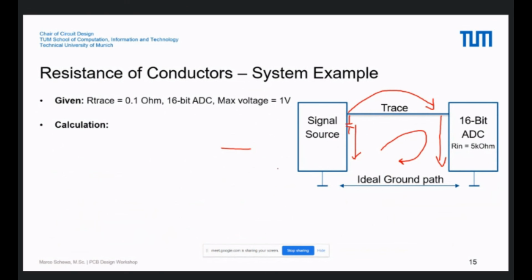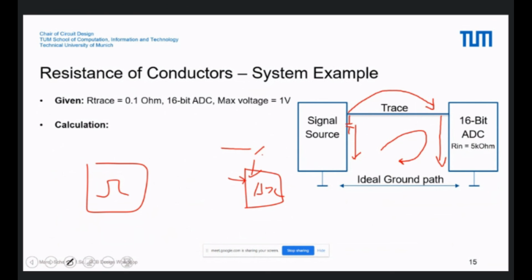Also, for example, if you have a clock generator here, and here you have an ADC that needs the clock, and you know the capacitance is 10 picofarad, and you have a high-speed clock, then at the end, what you get here is not a perfect clock.